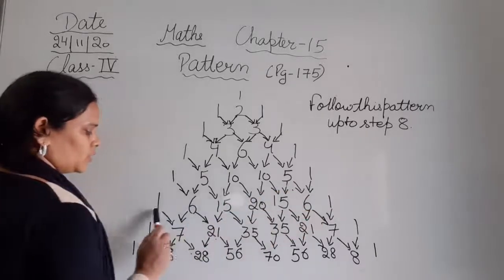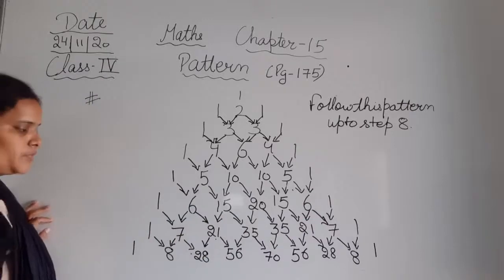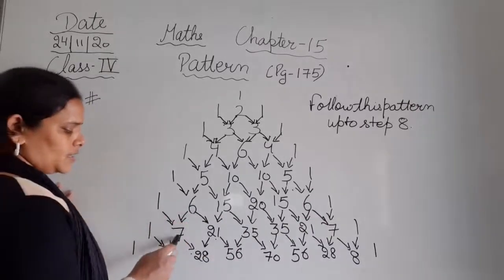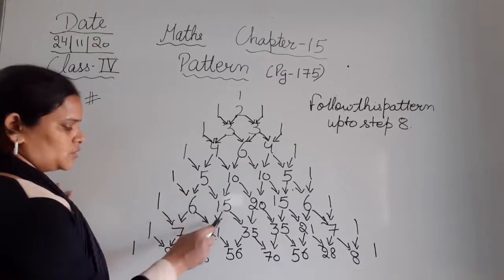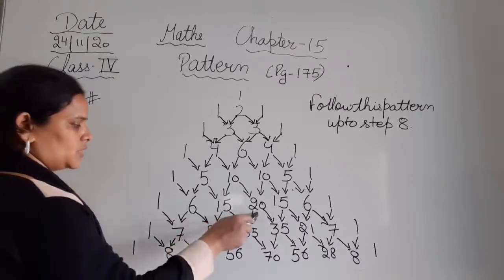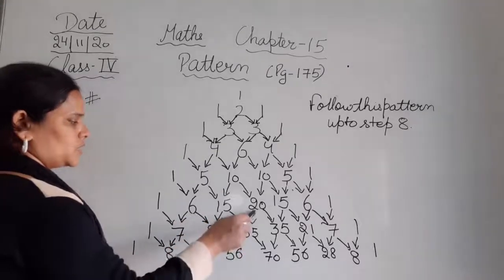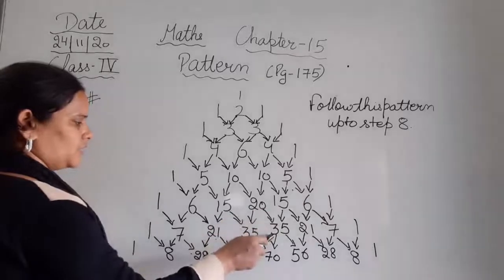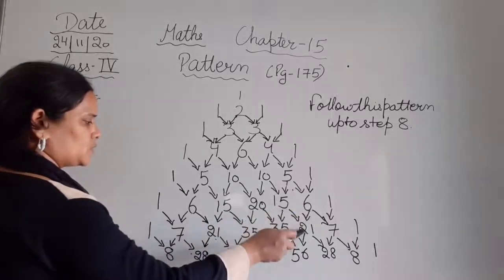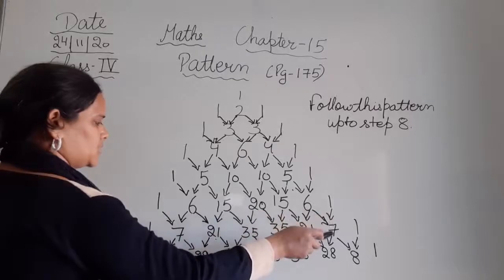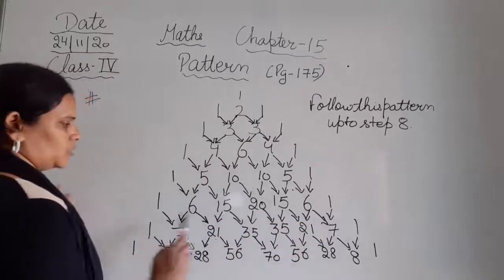Now again adding 1 on both sides. 1 plus 6 is 7, 6 plus 15 is 21, 15 plus 20 is 35, 20 plus 15 is 35, 15 plus 6 is 21, 6 plus 1 is 7. Now adding 1 on both sides.